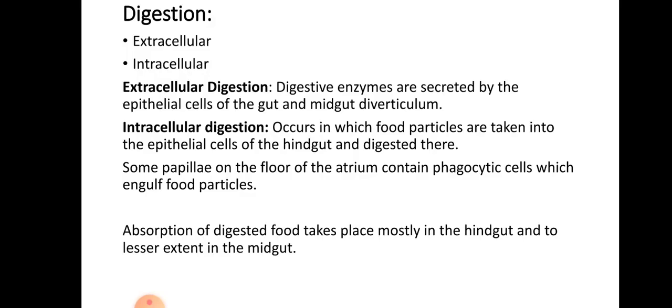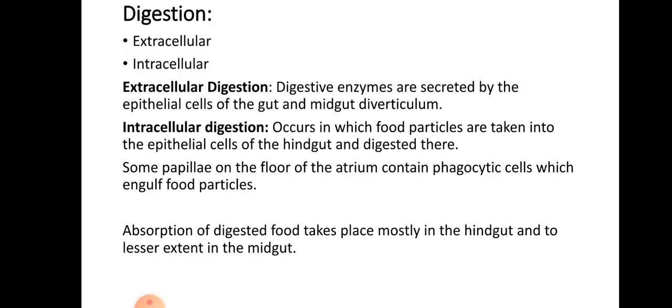In the ileocolic ring, the food cord undergoes rotation due to ciliary activity. This breaks up the food material into still smaller particles, thoroughly mixes the enzymes with food, and delays the backward passage of food to allow more time for the action of the enzymes.